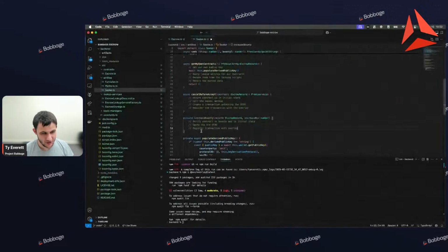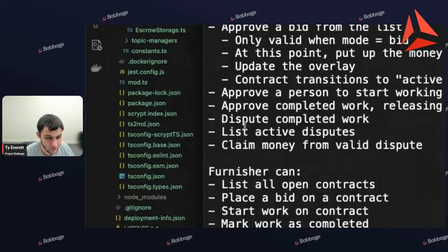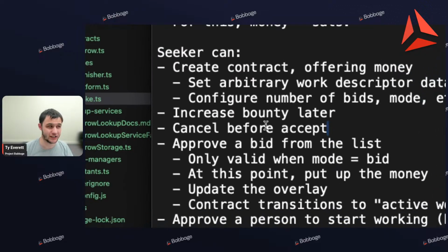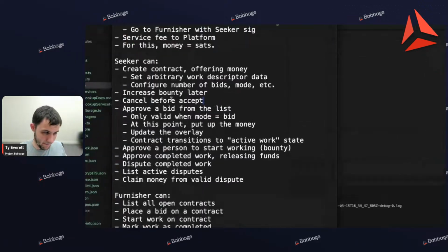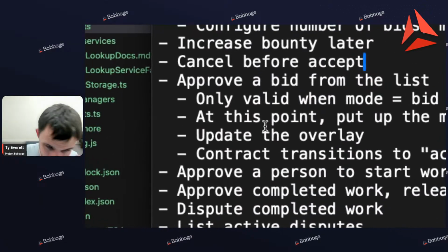Should be pretty simple to do that. It's coming together, just trying to keep all the pieces kind of where they need to be.